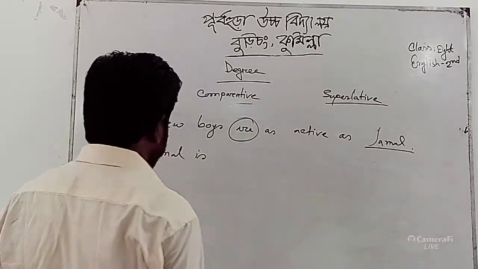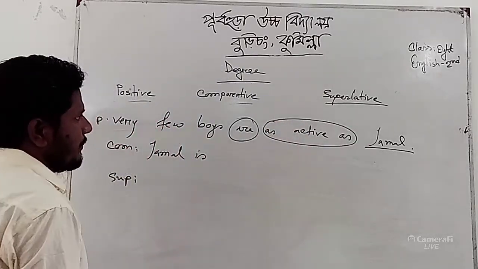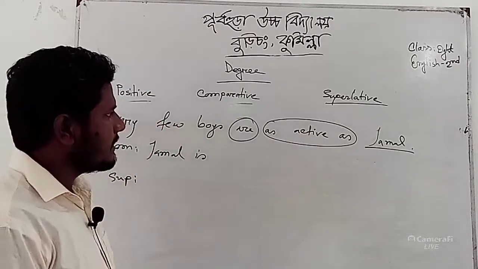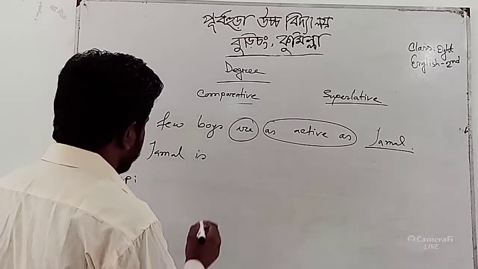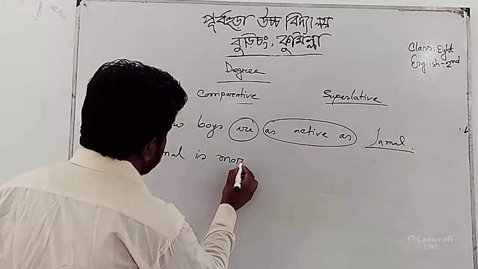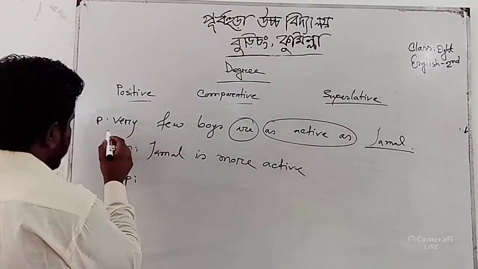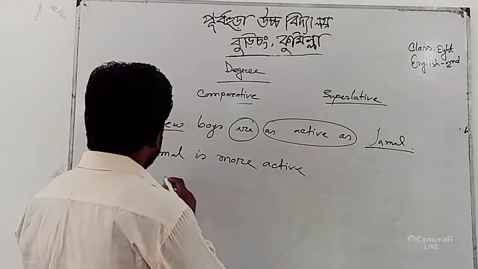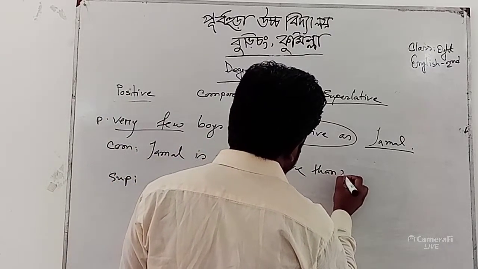And then we can see the degree as active as. The degree active has two syllables, so we need to write more active. And then at the very beginning we see very few, then for this reason instead of very few we should write then most other.